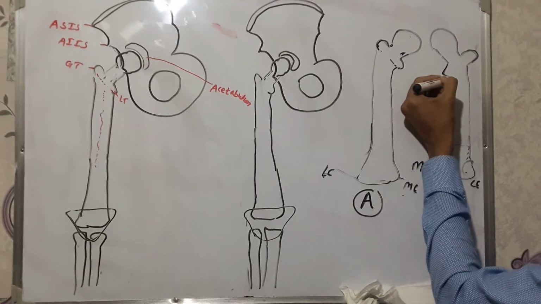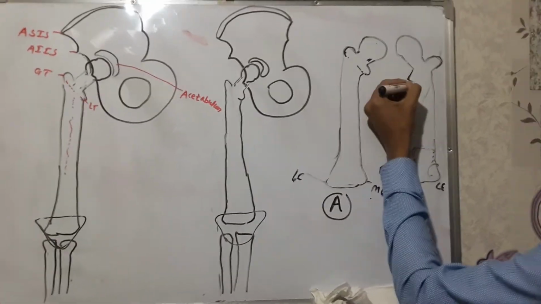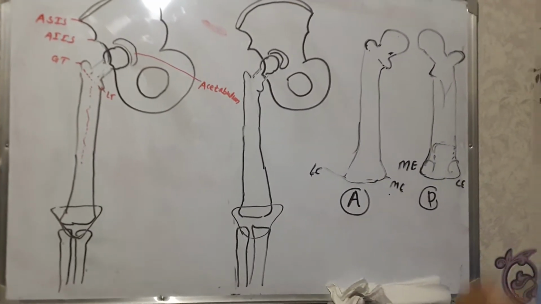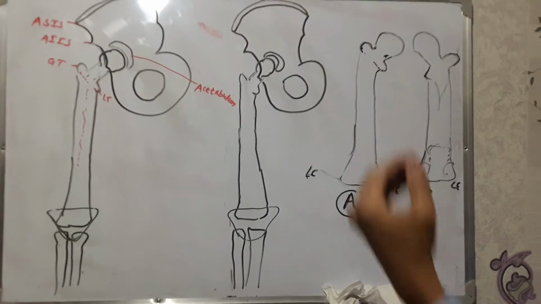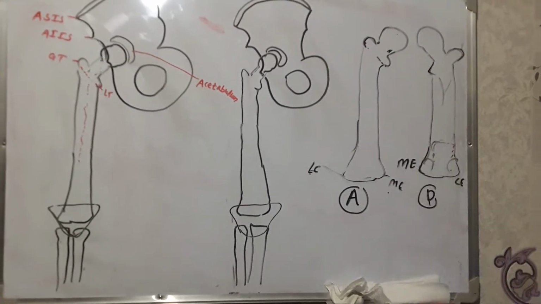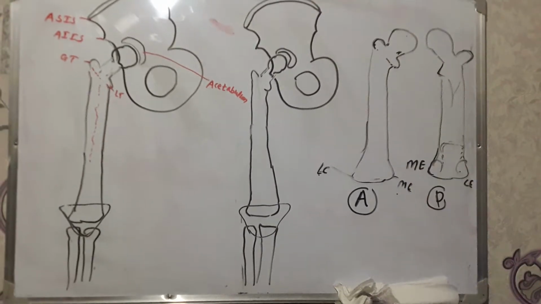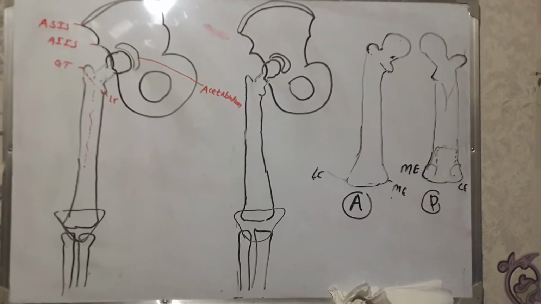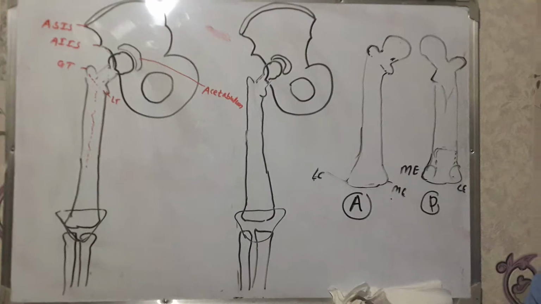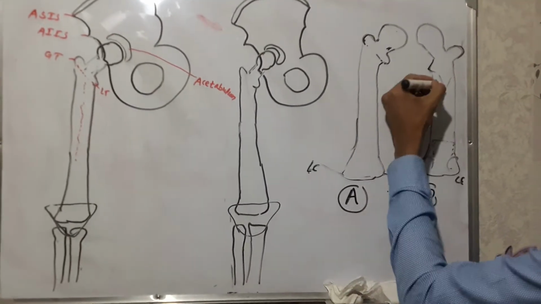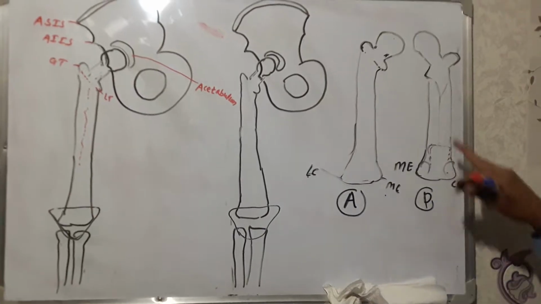Then we have one crest-like line here, that is called the linea aspera. Linea aspera is just an elevated, minor ridge-like portion. When you have a femur in your hand, you will feel one ridge on the posterior aspect of the femur, which is called the linea aspera.